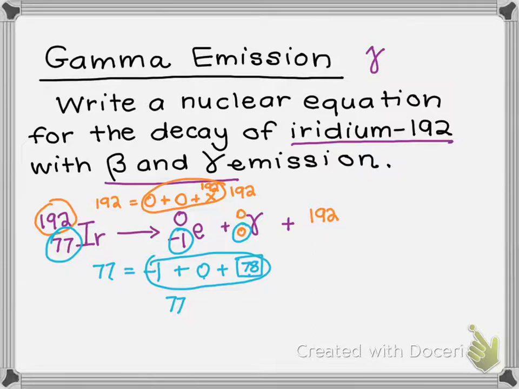So the atomic number would be 78. And so then the symbol of that new isotope would be element 78, which is platinum. And so the balanced nuclear reaction for the decay of iridium 192 with both a beta and a gamma emission would be right there.